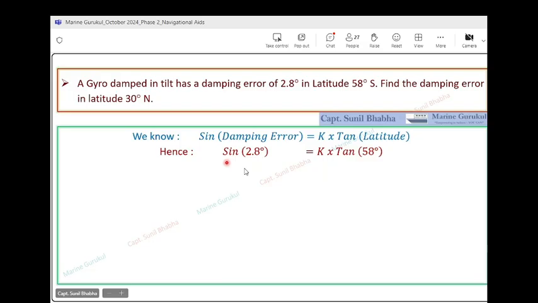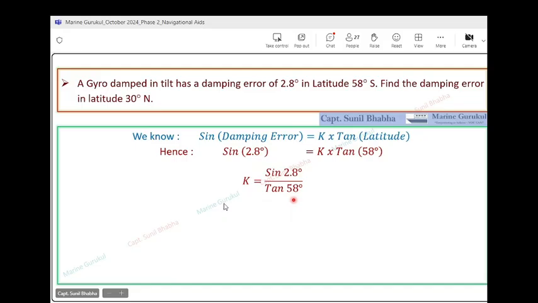So let's put these values in the formula and it gives us sine of 2.8 degrees is equal to K into tangent of 58 degrees. Now this relationship gives us the value of K as sine of 2.8 degrees divided by tangent of 58 degrees.